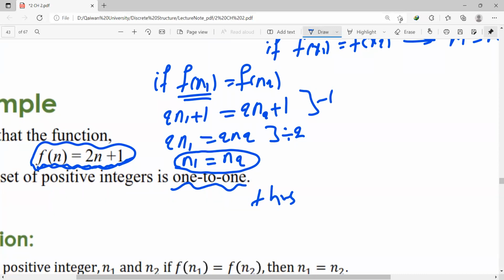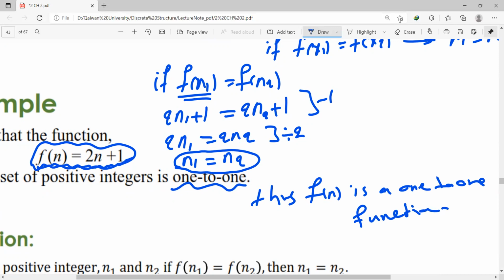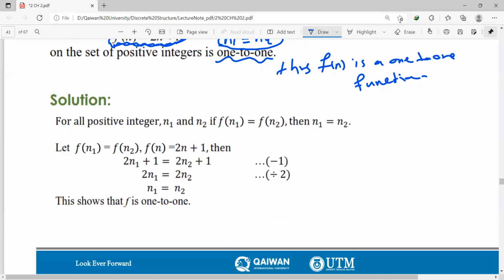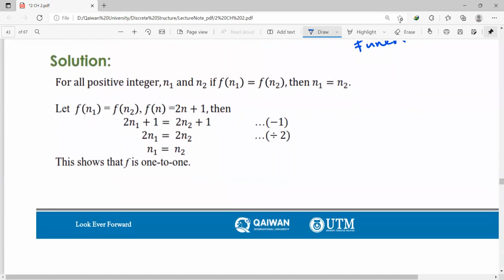Thus f of n is a one-to-one function. It's only that, and it's also proved here. That's all I did.